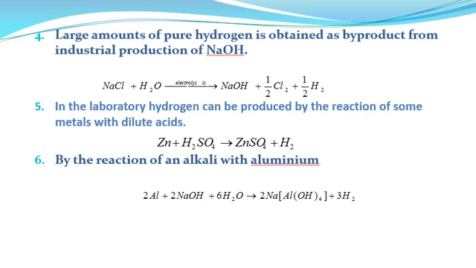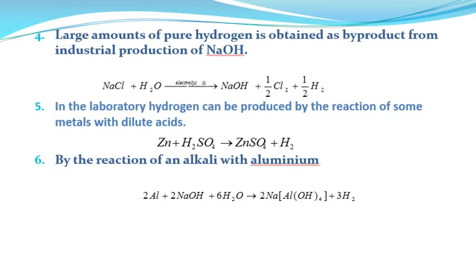So if we electrolyze sodium chloride solution, saturated of course, we will obtain mainly sodium hydroxide, and the two gases, chlorine and hydrogen, will be obtained as byproduct.